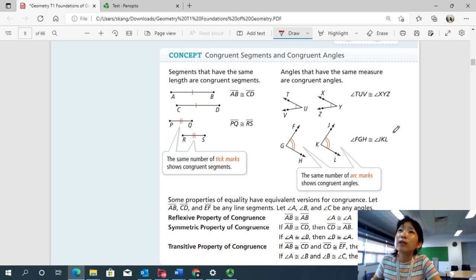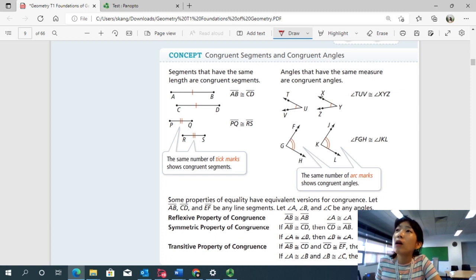And you can use the notation of the tick marks. So if they have the same number of tick marks, so AB has 1 tick mark, CD has one, that means they're congruent segments. PQ has 2 tick marks, RS has 2 tick marks, so PQ is not congruent to CD, but PQ is congruent to RS.